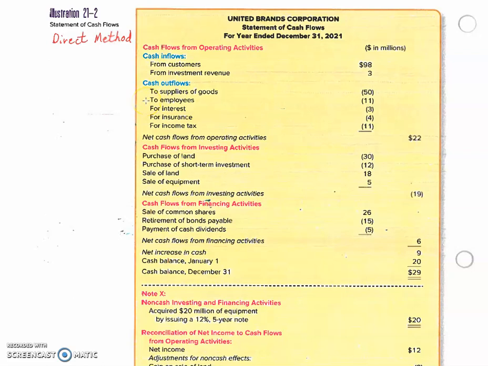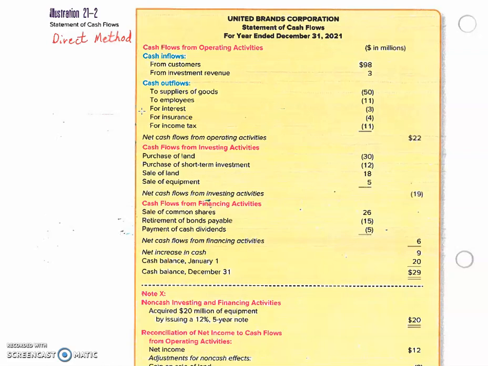So, for example, to employees, cash outflows to employees, you would have to look at the accrued salaries and wages payable, and did it go up or down? For interest, you have to deal with accrued interest payable, but you also have to look at premium or discount on any bonds or notes payable, and then you have to take into account the amortization of the bond premium or discount.